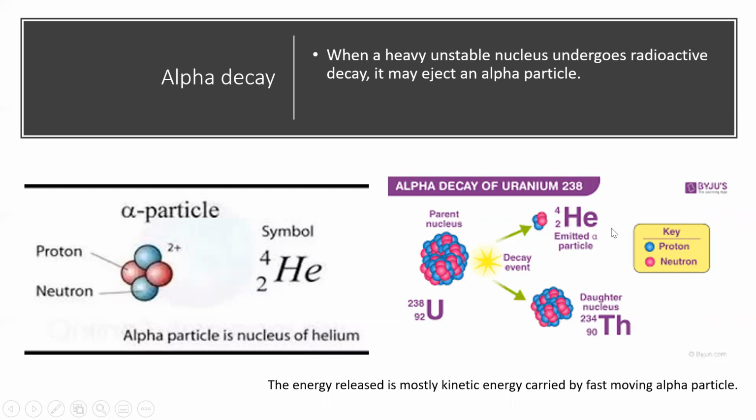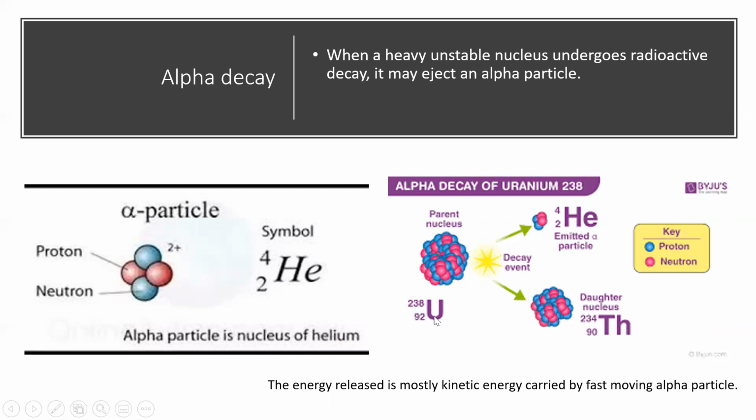If you look closely at this equation, you will see that the mass number and atomic number in an equation are always balanced. 238 is the mass number for uranium, 4 for helium, 234 for thorium. 4 plus 234 equals 238.